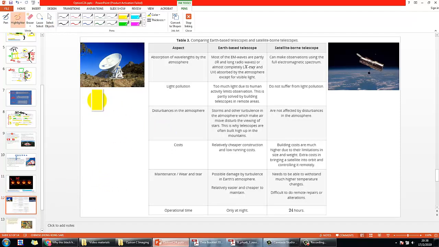Lastly, in the textbook, in the syllabus I should say, you may also find two kinds of telescope, and you're expected to compare them. So here is a very nice list made by Chromatic. Let's just go through it together. For Earth-based, most of the EM waves are completely absorbed by the atmosphere, except for visible light.